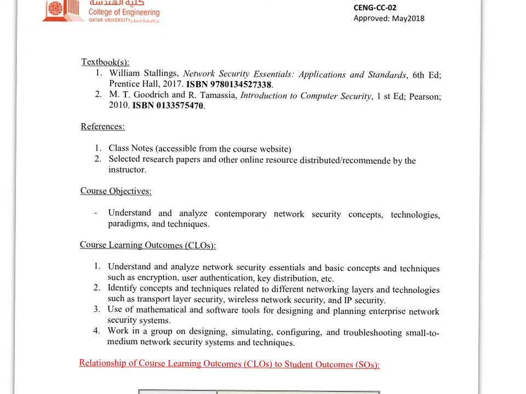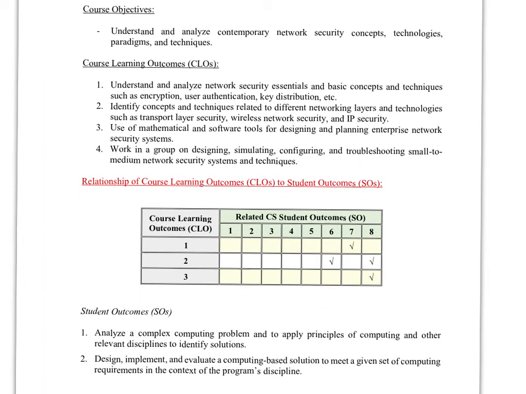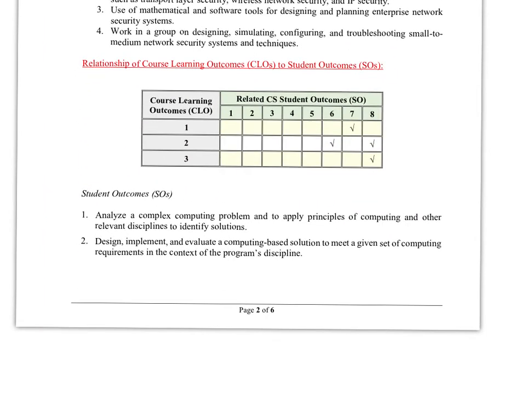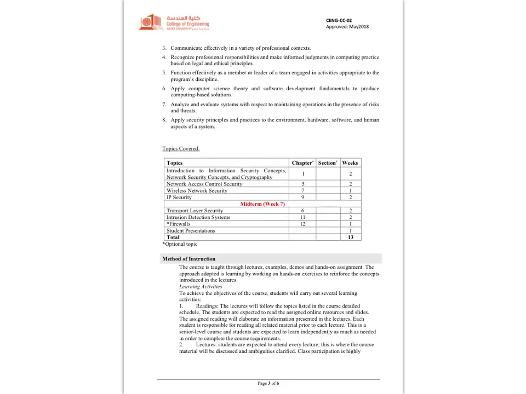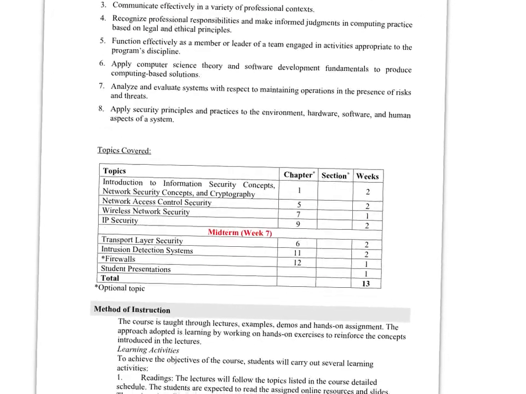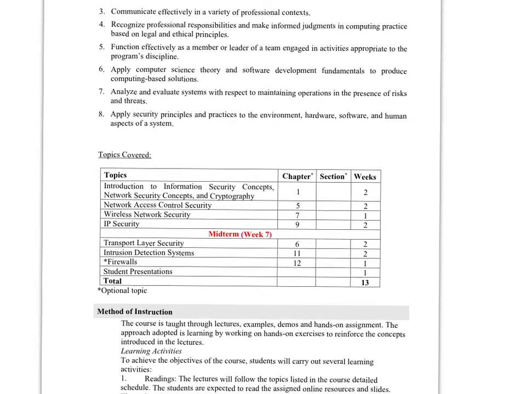Of course, the mapping and stuff like that is part of IBIT, so you don't have to worry about it. Then these are the topics of the course. The introductory part is part of applied cryptography, so in the first 2 weeks we are going to discuss some security concepts and basic definitions, as I said.